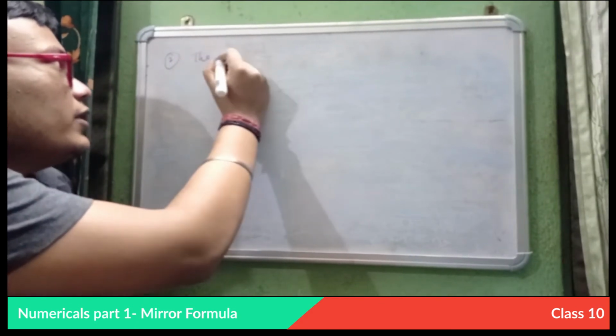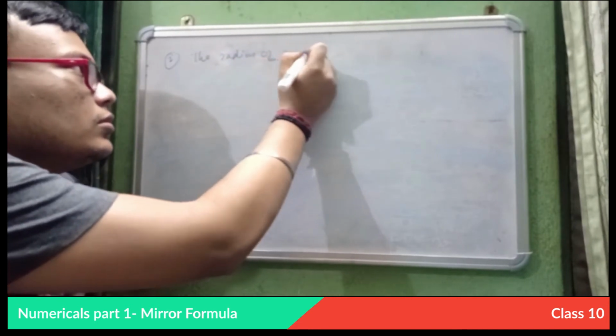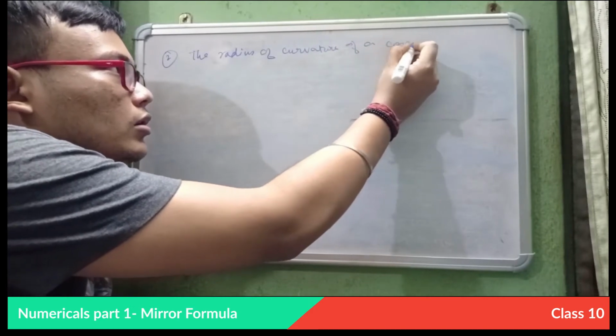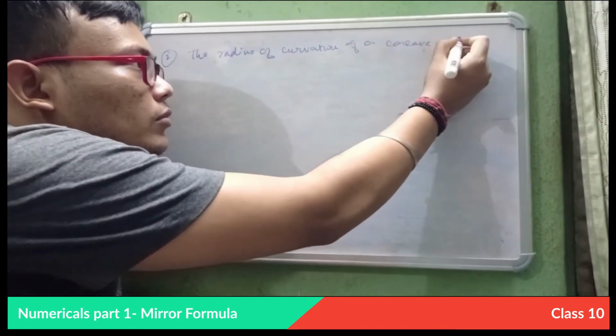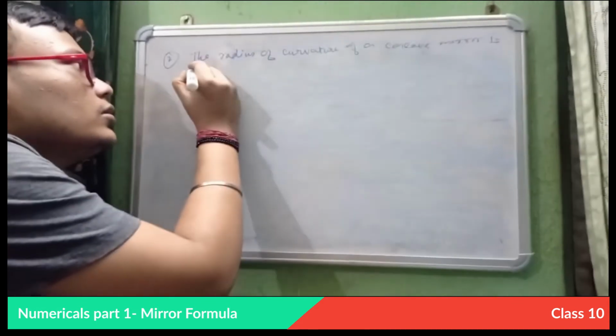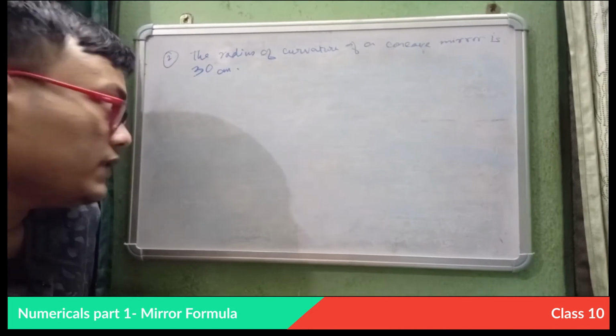The radius of curvature of a concave mirror is 30 centimeter. Radius of curvature is 30 centimeter.